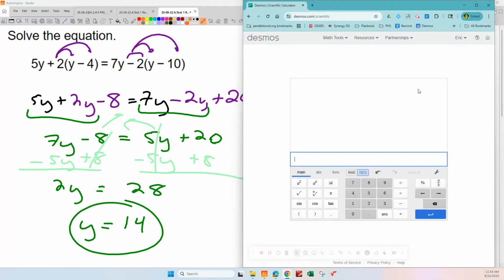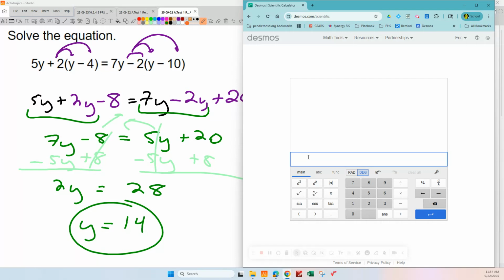What am I going to do? What kind of notation do I have to write that left side in? I have to be able to plug in my value to see if it works. Okay, so I'm going to use function notation.